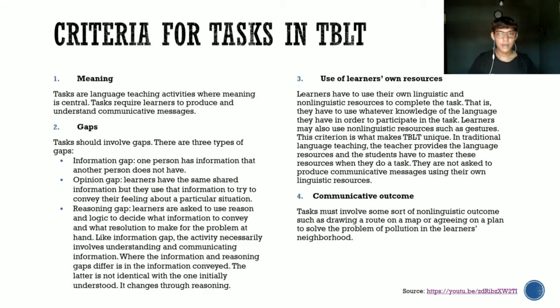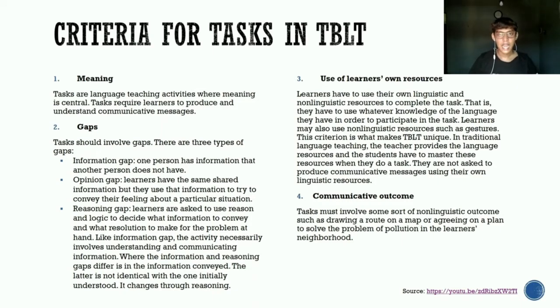But before we make tasks, there are some criteria for tasks in TBLT. The first is meaning. This means tasks require learners to produce and understand communicative messages. The second is gaps. Tasks should involve gaps.